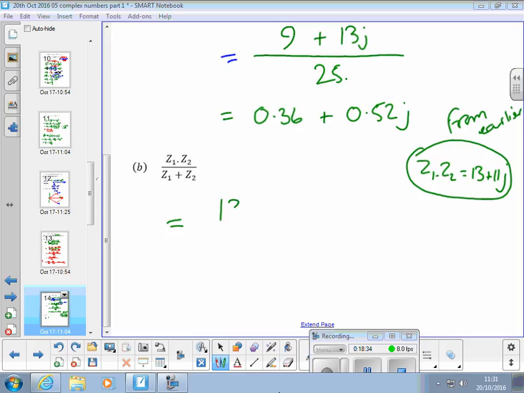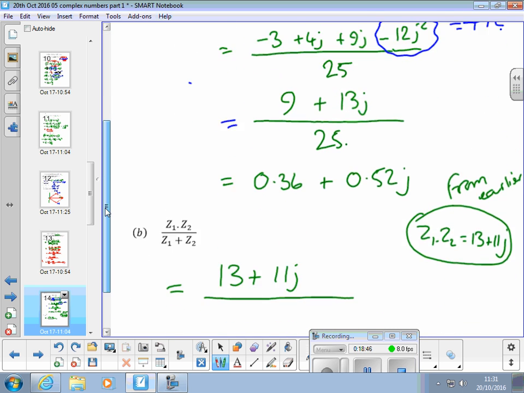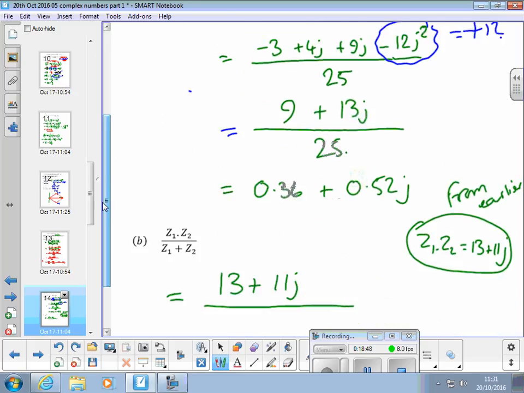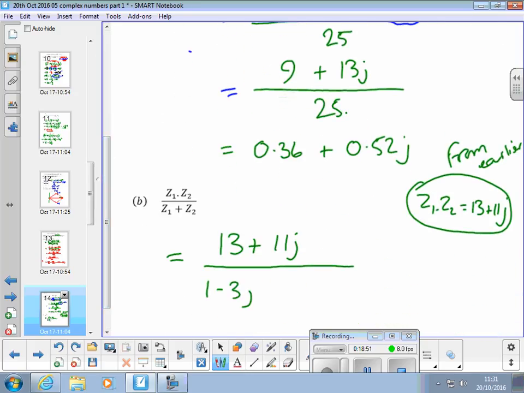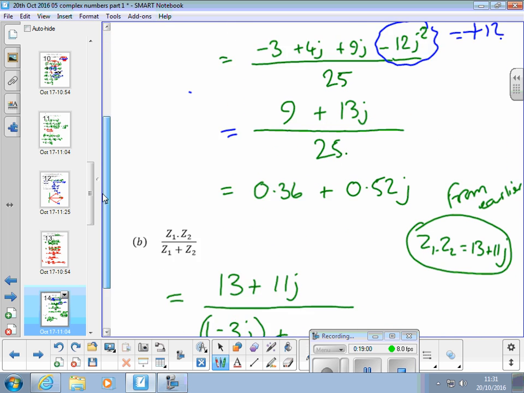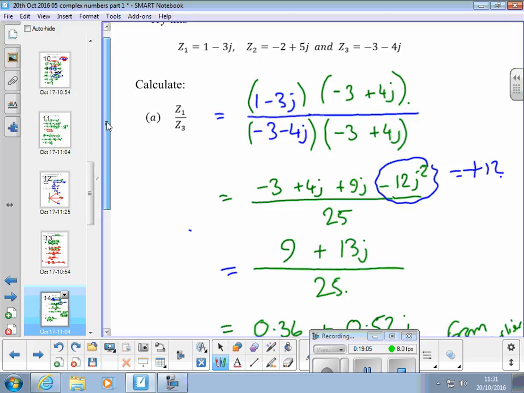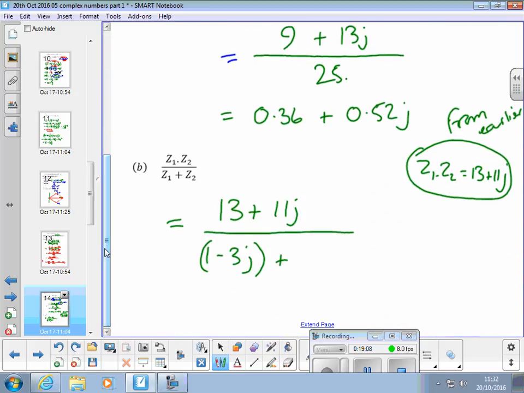So this is equal to 13 plus 11j over Z1, 1 minus 3j, plus Z2, minus 2 plus 5j.